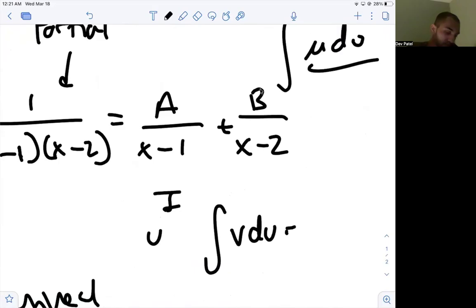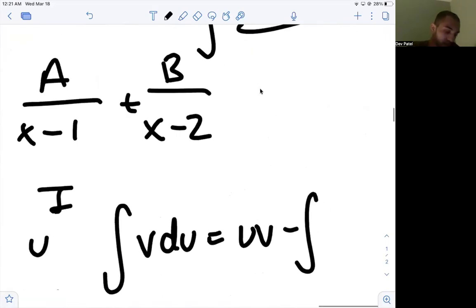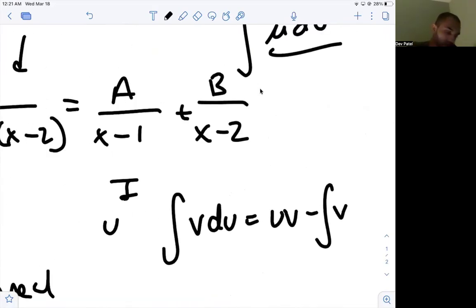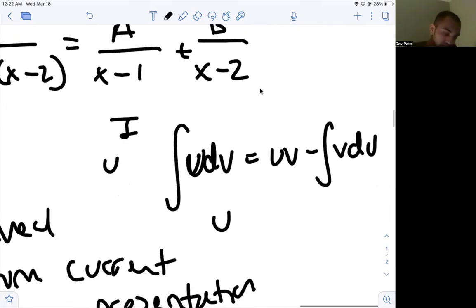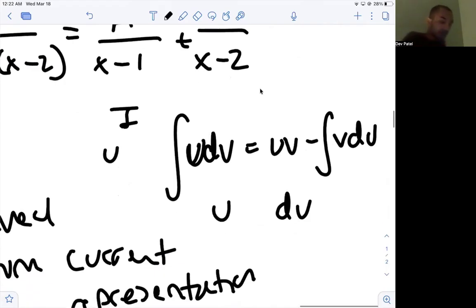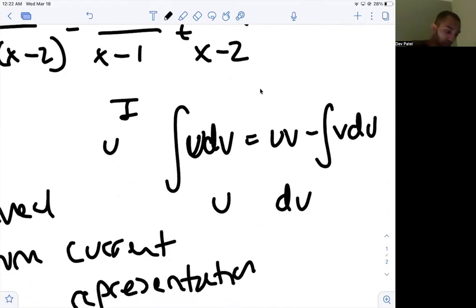Integration by parts is the integral of u dv equals uv minus the integral of v du. So you want to pick your u and your dv such that when you take the integral of v du, that integral is much simpler than the original integral.